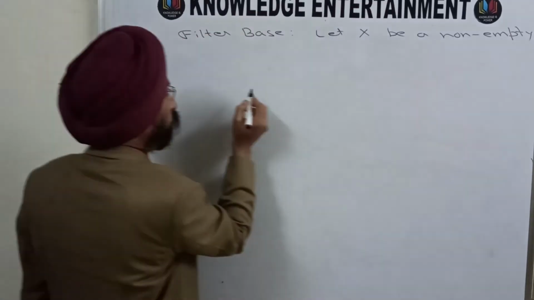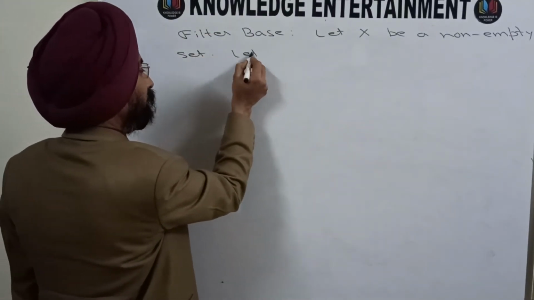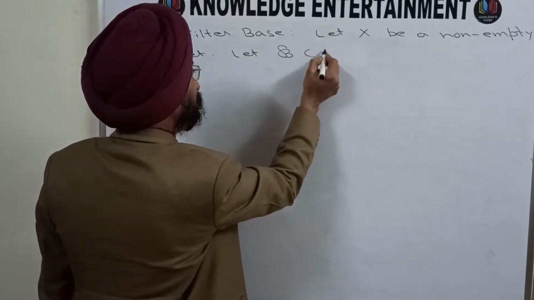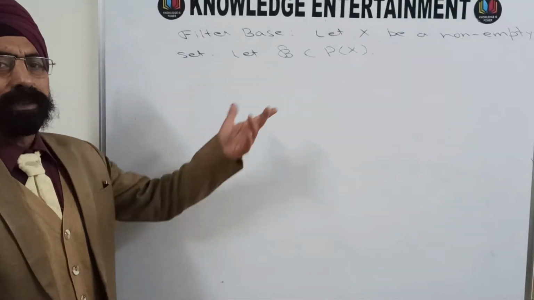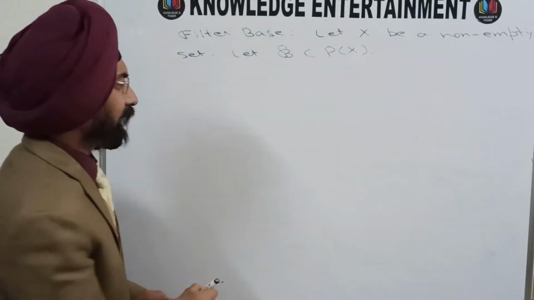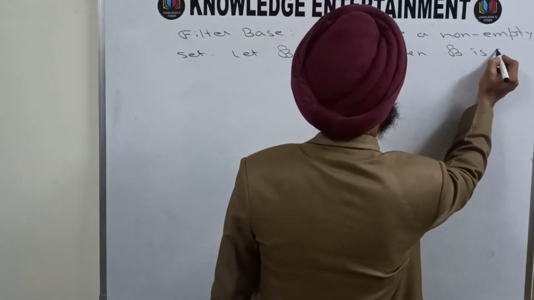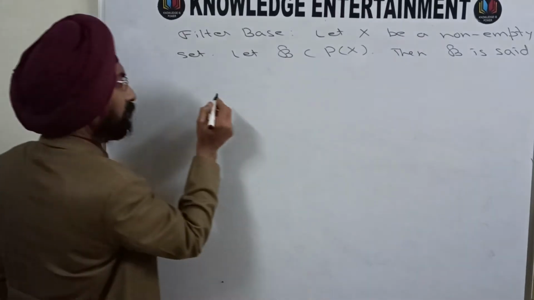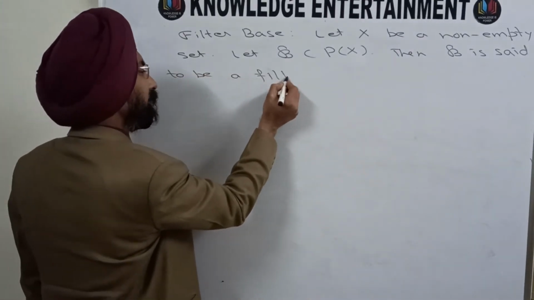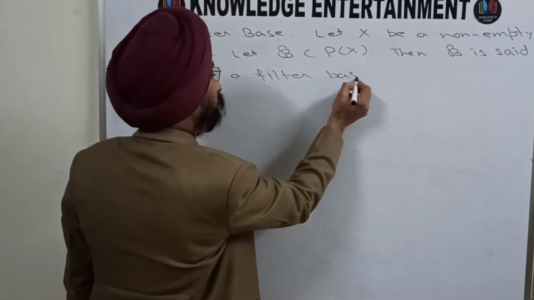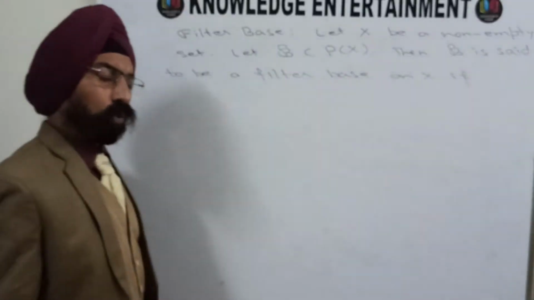Let B be a subset of the power set of X. That means B is a collection of some subsets of X. Then B is said to be a filter base on X if two conditions hold.